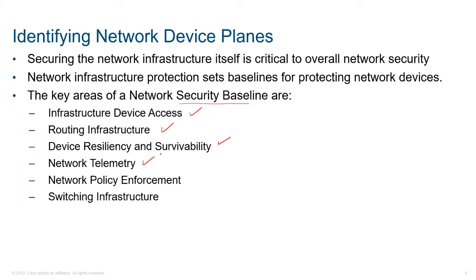We'll talk about some of the different ways that we can use telemetry to bring all of the data about the health of our environment and what's normal and what types of prediction we can do. And then, of course, we have policy enforcement and some functions and features that we can implement on our switching infrastructure as well. So we'll kind of get into some of these topics in more detail in this section and also in the next section.